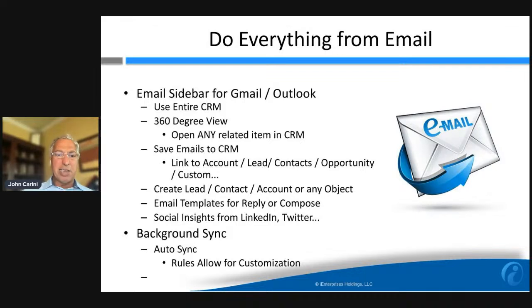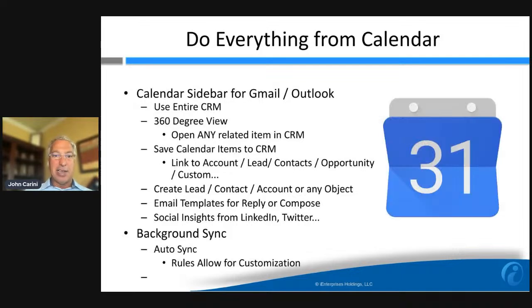I'll also mention there is a background sync. Most of what I'm showing will be in the user interface and actually inside of Gmail, in your inbox, if you will, or inside of Outlook. And there is a background sync as well. So if you just want your emails to sync automatically in the background, you can do that. And this applies to the calendar too.